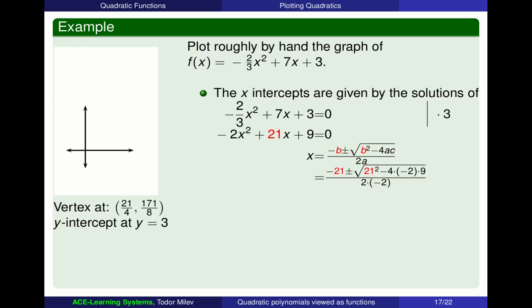So here b is 21. A is -2. And c is 9. Now it's quite a bit of expression to simplify, but let's not be shy from computations. Let's simplify. 21 squared, that's 441.